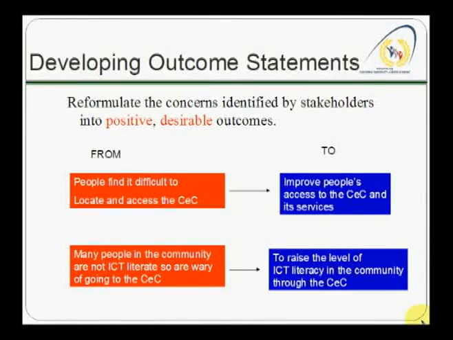You can now have an exercise in translating these into positive and desirable outcomes. So, for example, the first one: during your problem identification exercise, some of your participants might say that people find it difficult to locate and access your CEC for various reasons.